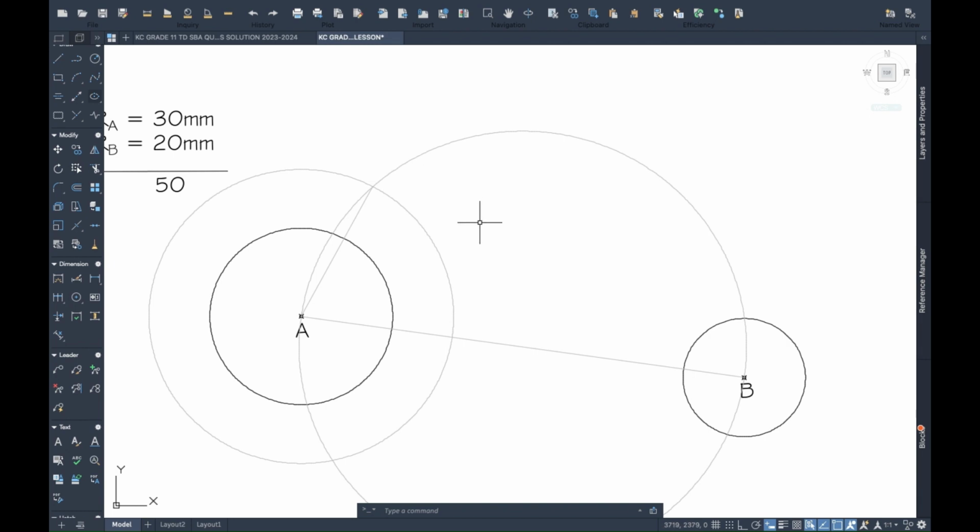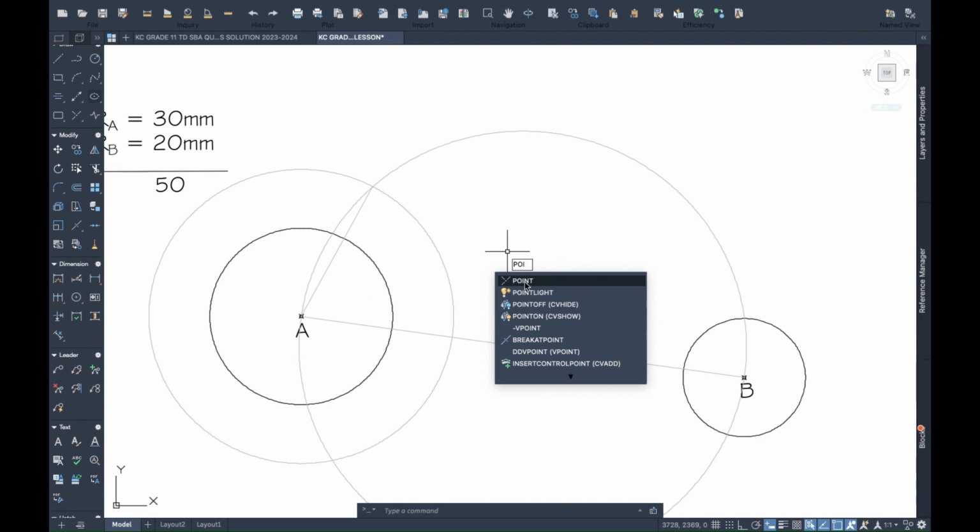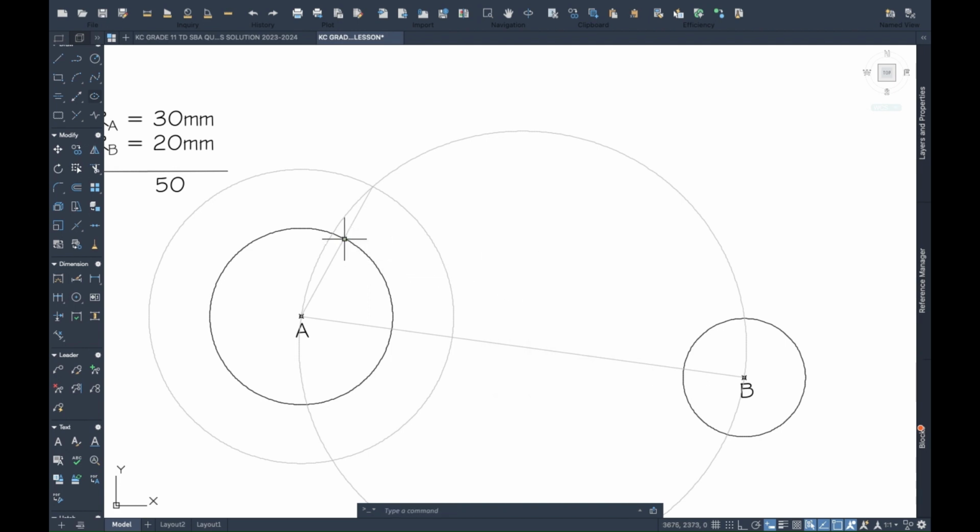Now we get a point. Anywhere this line cuts the outer circle, the given circle, we type point. That is where the tangent point will be. Any tangent we draw will touch right here at that point.